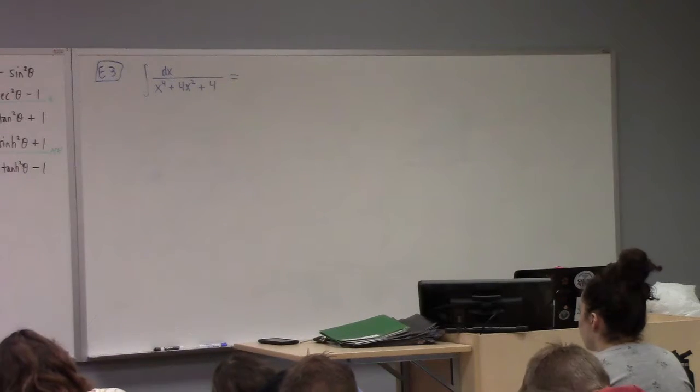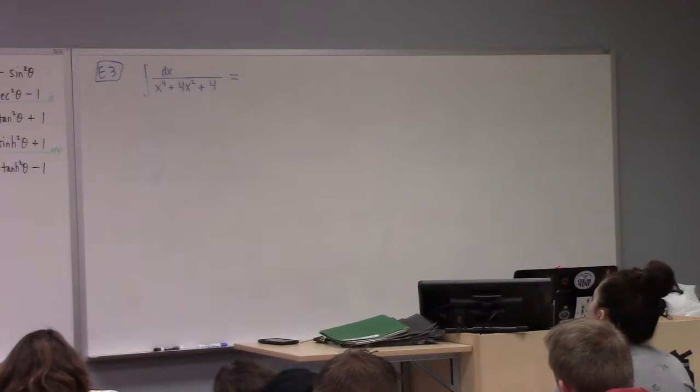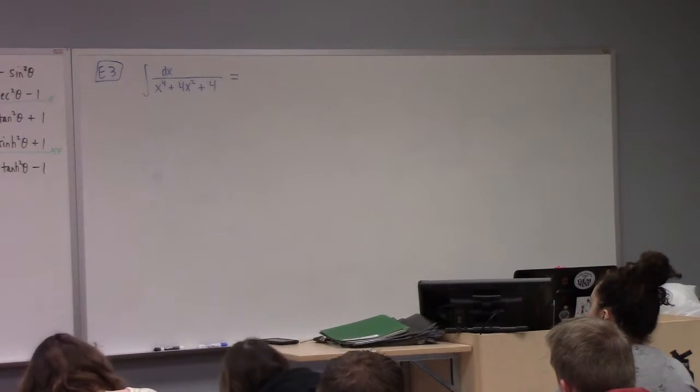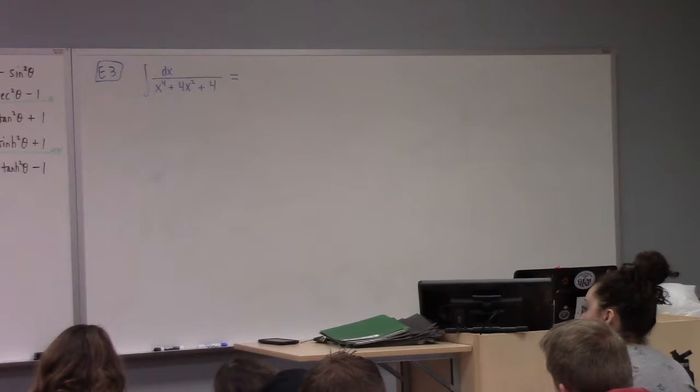Now, at first glance, this might not seem like a trig substitution problem to you because there is no radical, right? But trig substitution is also useful for turning denominators into a single term.